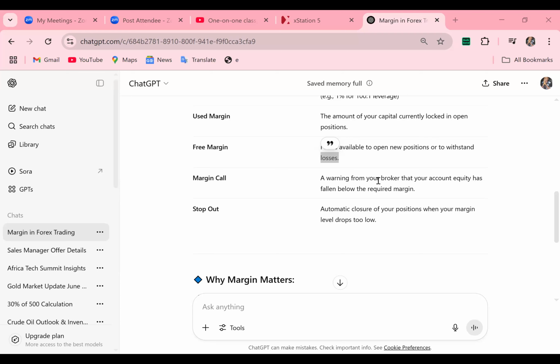That free margin is what we use to cushion that trade. The free margin is what is supporting it, what the market will be trading on while the other one is in loss.